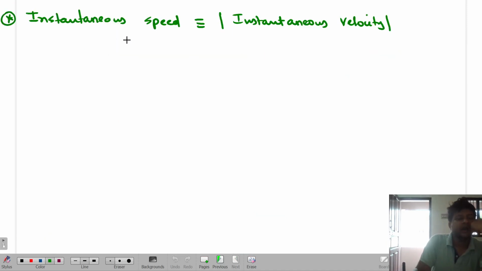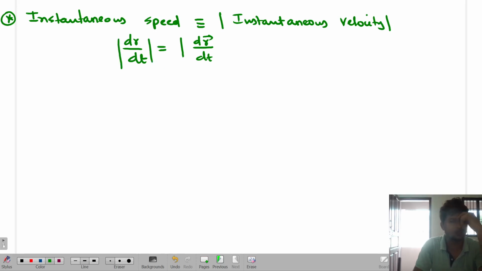Means the magnitude of dr by dt is exactly equal to the modulus of the dr vector by dt. This is the meaning of instantaneous speed and instantaneous velocity. Are these things clear or not?